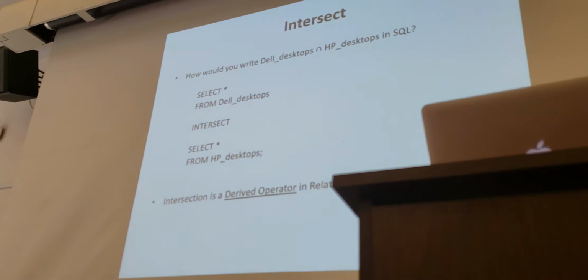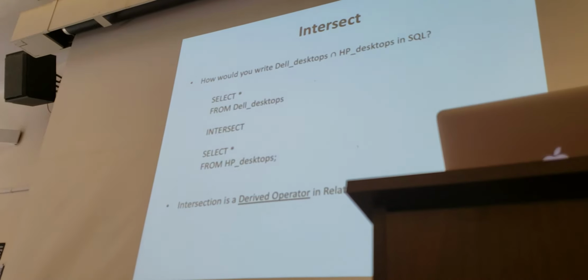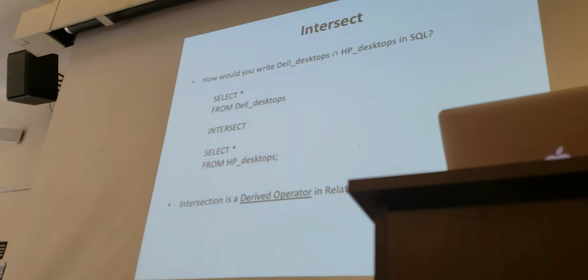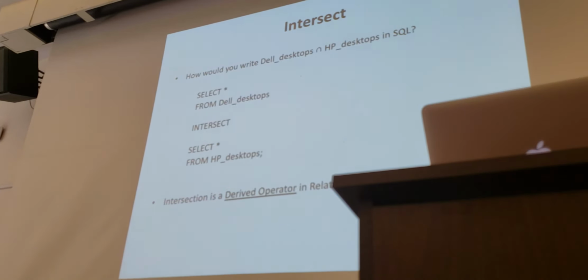I have my 5 original codd operators. I don't need to add something new to do intersect. Can anybody tell me how I can do intersect just using sigma, the selector, pi, project, x, product, union, U, and minus, which is set difference? Can anybody tell me how to do that?